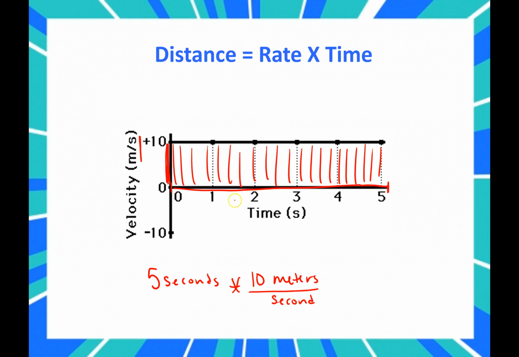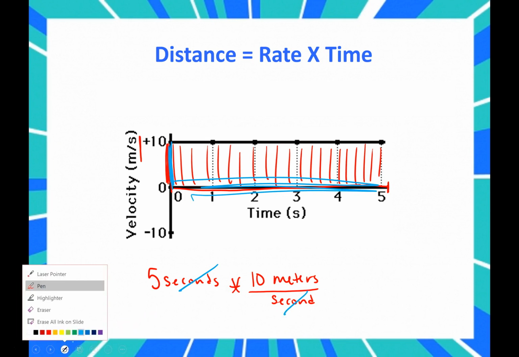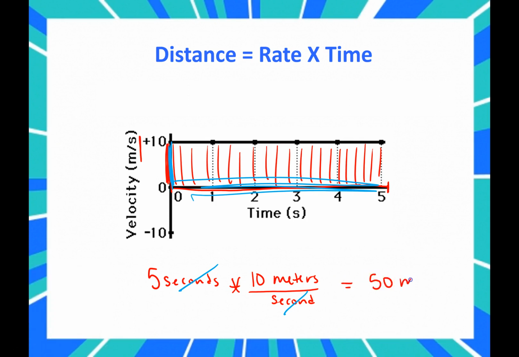So I'm doing 5 seconds times 10 meters per second. Well, what happens to our seconds? They cancel because they are on different sides of the division symbol. And our answer here would actually be equal to 50 meters.